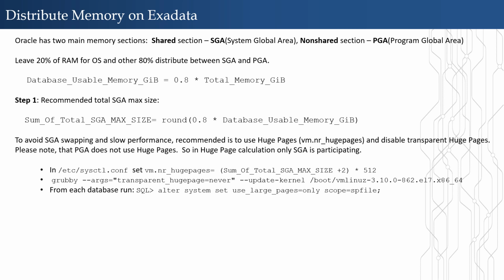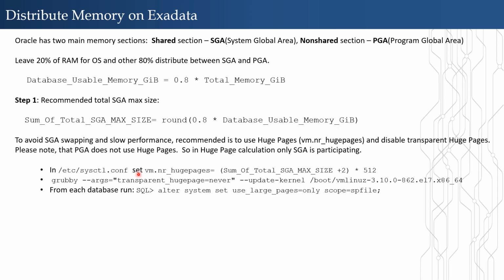And to avoid SGA swapping and slow performance, it's recommended to use huge pages and disable transparent huge pages. Transparent huge pages are dynamically allocated, so it's not good for databases and may cause the database to reboot.